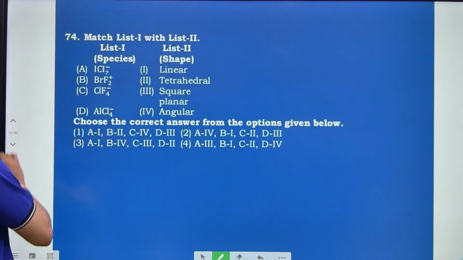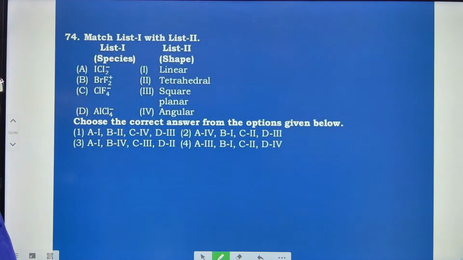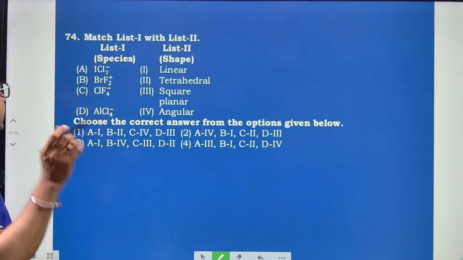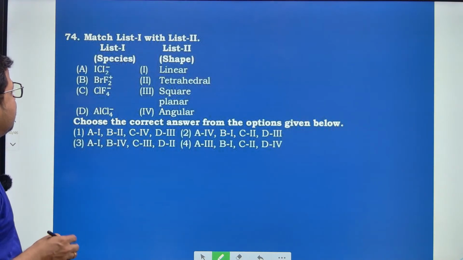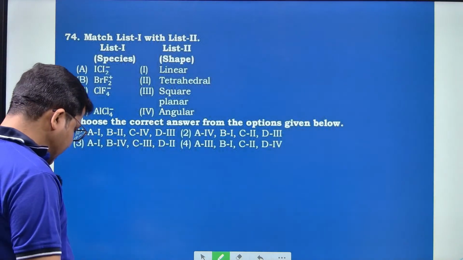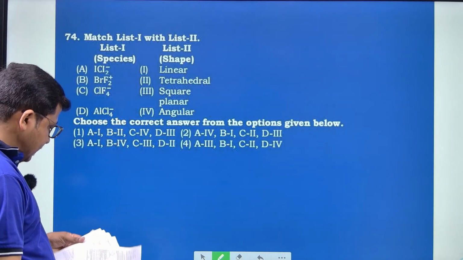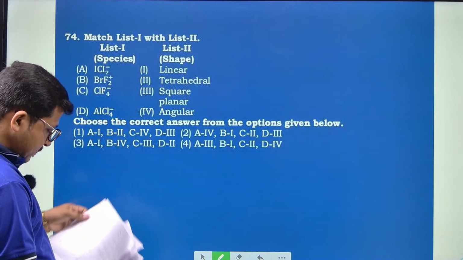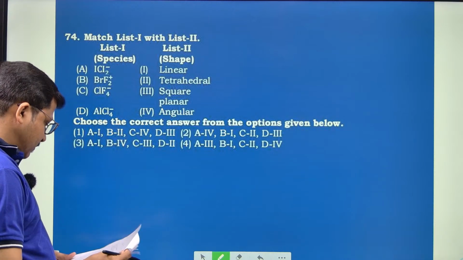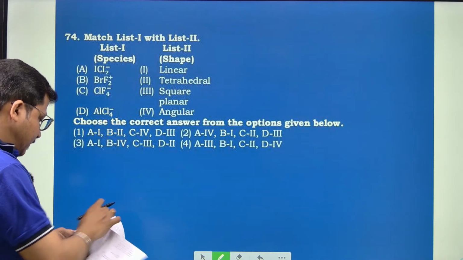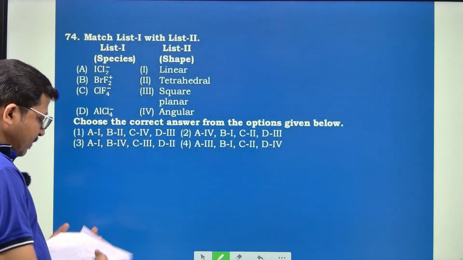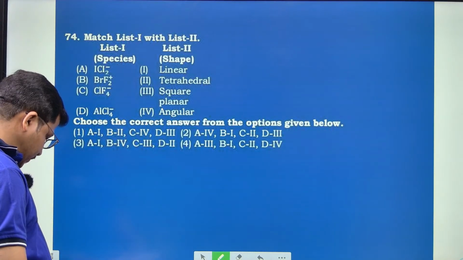Match list 1 with list 2, that is species and shape. Species and shape they have given. So let us discuss the species. Here, based on the bond pair and lone pair we have to discuss.